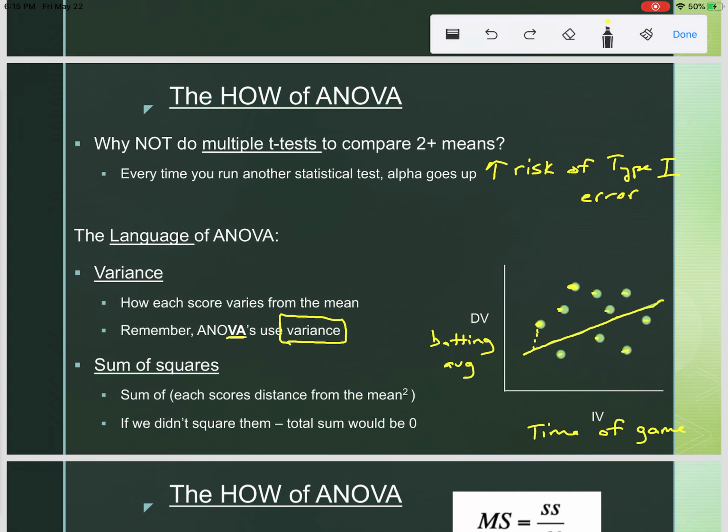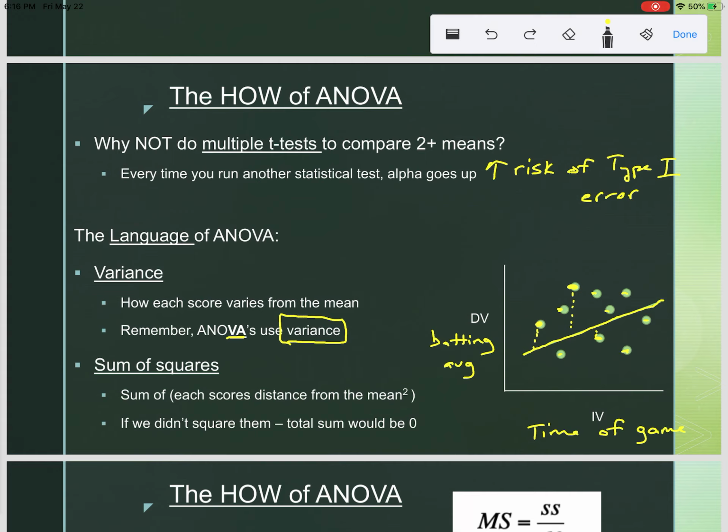This dot up here varies more from the mean. This dot is very close to the mean. So in essence, we're seeing how each individual score varies from the mean. That's what variance is. And we're going to be able to quantify it and do some fancy math and get a significance number, and either we accept or reject the null, and it's all great.